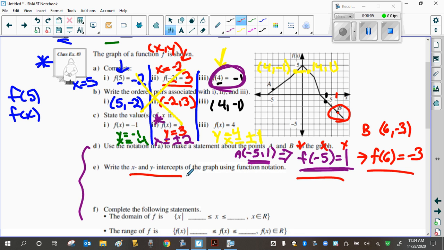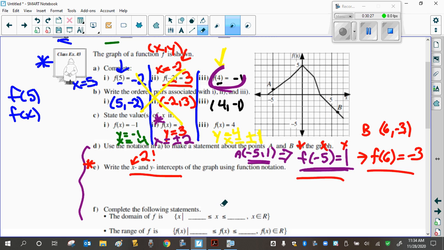Similar question here, x and y intercepts, and be careful, there's two x intercepts here. We're going to do the same thing with our x, y intercepts. Let's just make sure we have 3 intercepts, not 2.